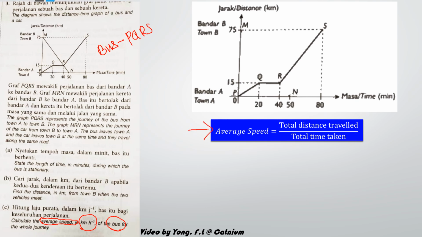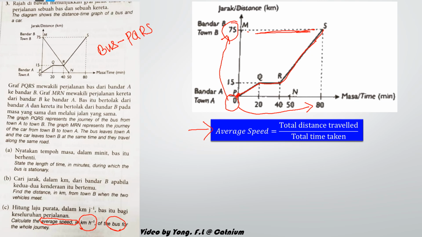Average speed is distance over the time taken. So the total distance: the bus starts from 0, moving up to Q, to R, and then finally to S. So the distance is from 0 to 75, and the time is from 0 to 80.